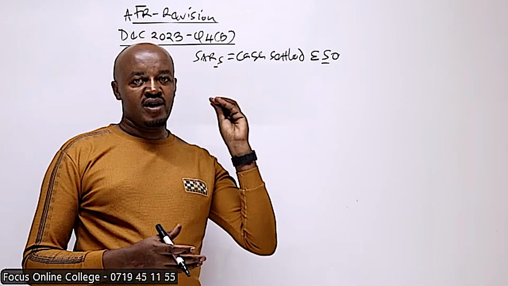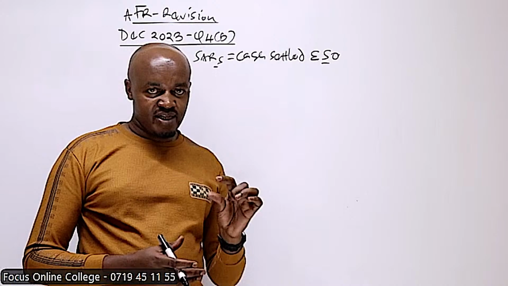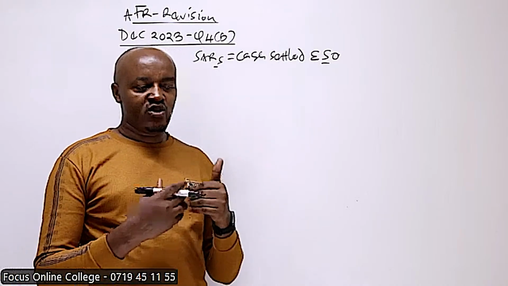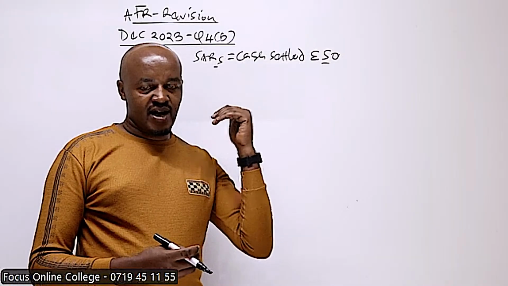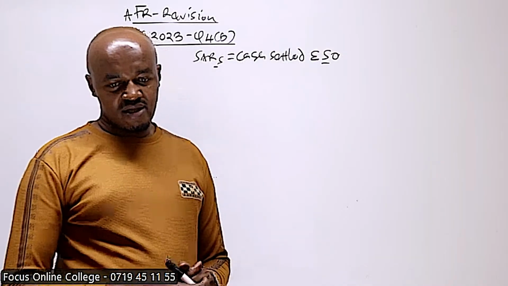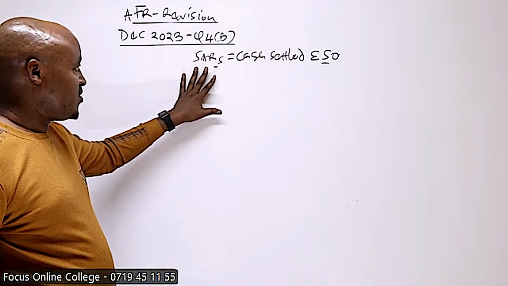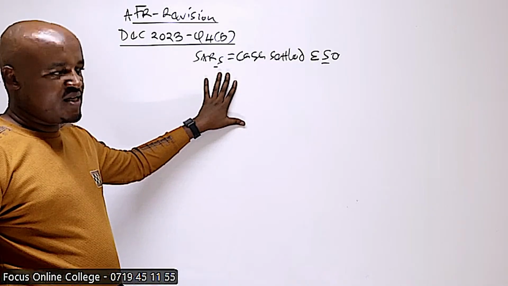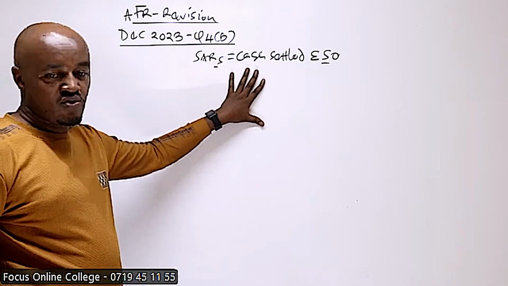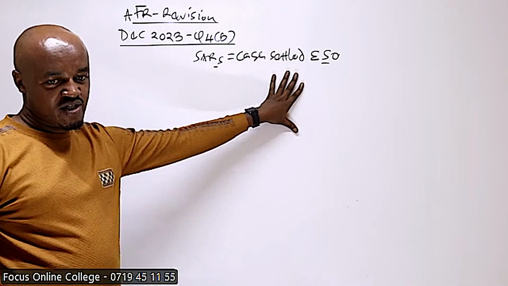The employees will be paid cash in the future, and that cash will be computed based on the fair value of the company shares on the exercise date. So these are share appreciation rights, not much different from what we did, but equivalent to the cash-settled employee share option.